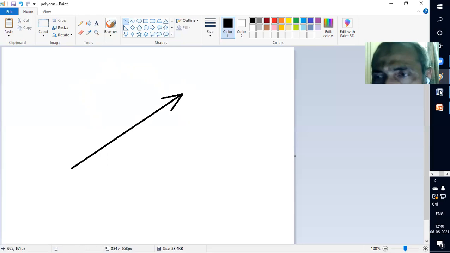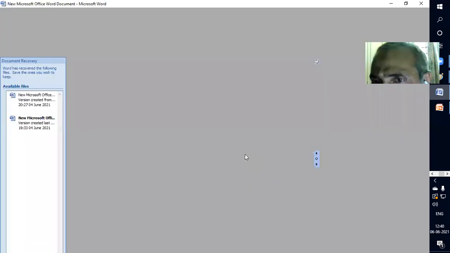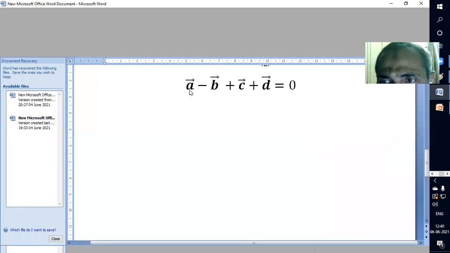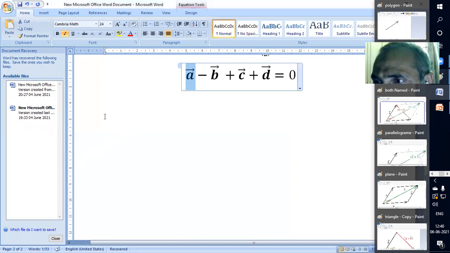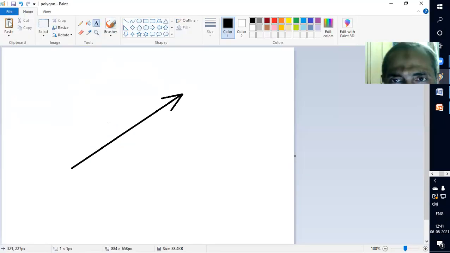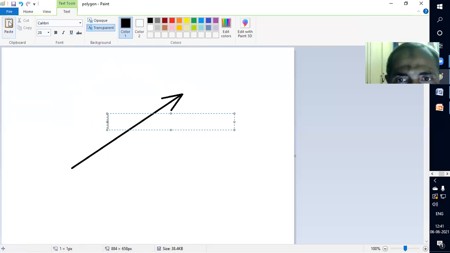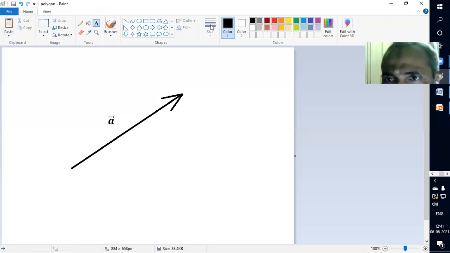And let me write its name as A. This is vector A. I'll draw here some other vector. See, this is one vector.